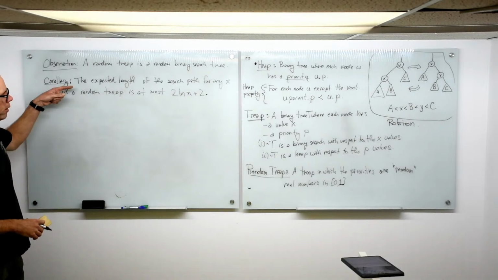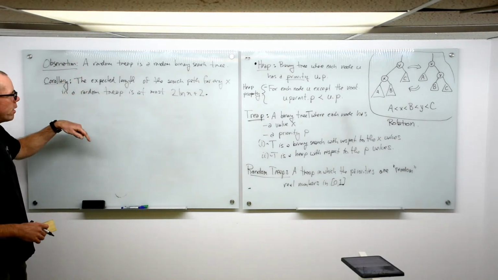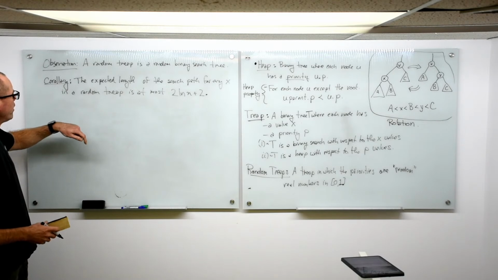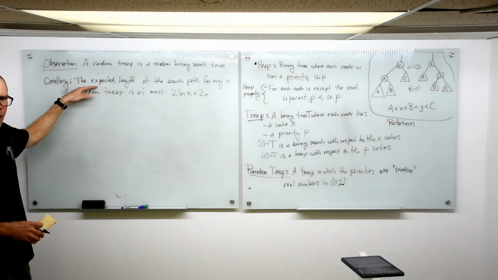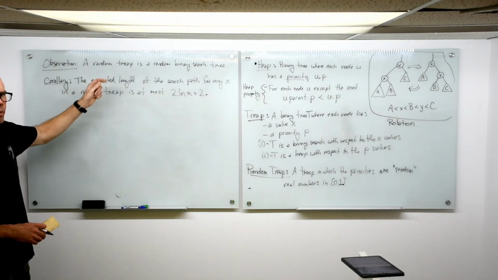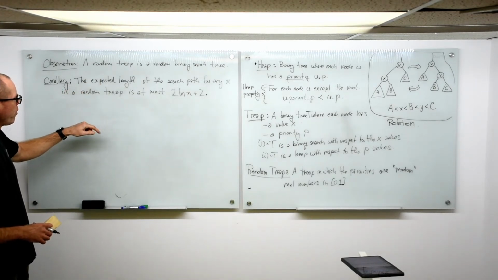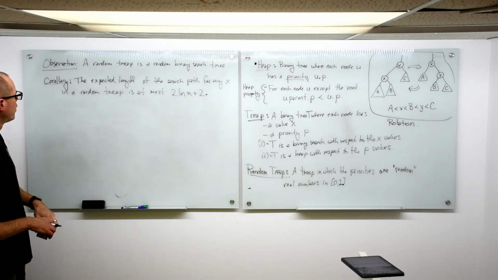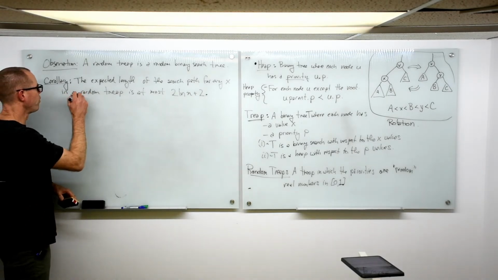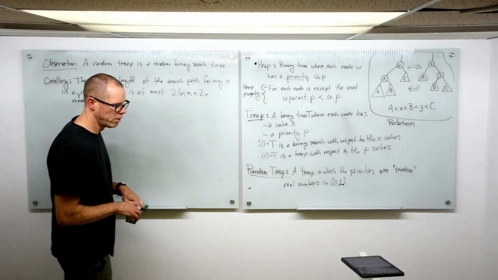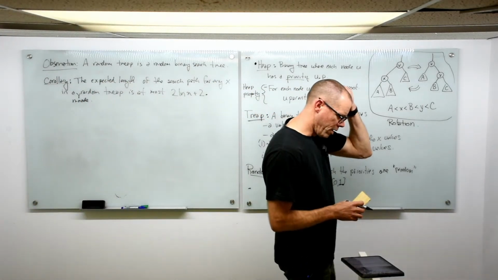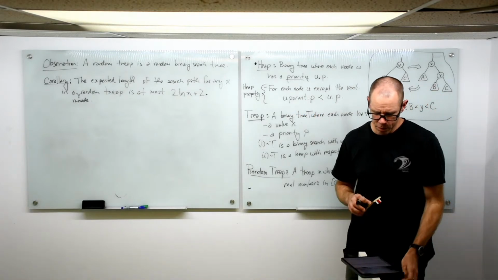Just because a random treap is a random binary search tree. So you just take the statement about random binary search trees, and now you can replace random binary search tree with random treap. So I guess I should quantify what's n. This is an n node random tree. So n, as usual, is the number of data items in the structure.